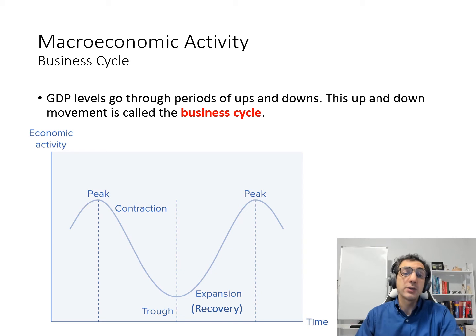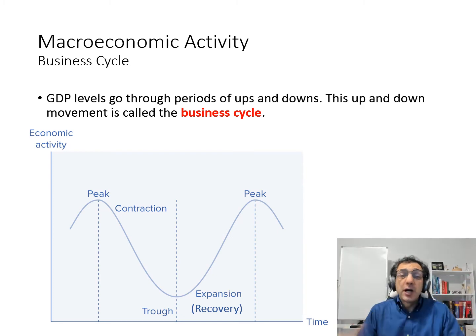So these ups and downs are called the business cycle. There are four major stages in each business cycle. You have the peak of the economy, when GDP is at its highest level, and then it is followed by a contraction.